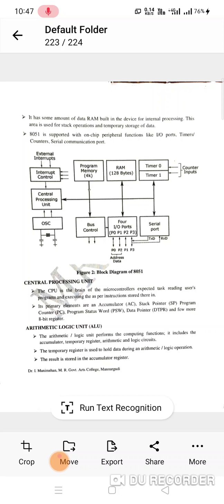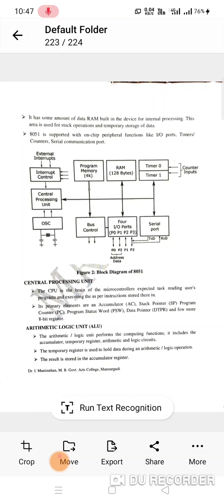This is the function of the CPU. Its primary elements are the accumulator, stack pointer (SP), program counter (PC), program status word (PSW), data pointer (DPTR), and a few more 8-bit registers.